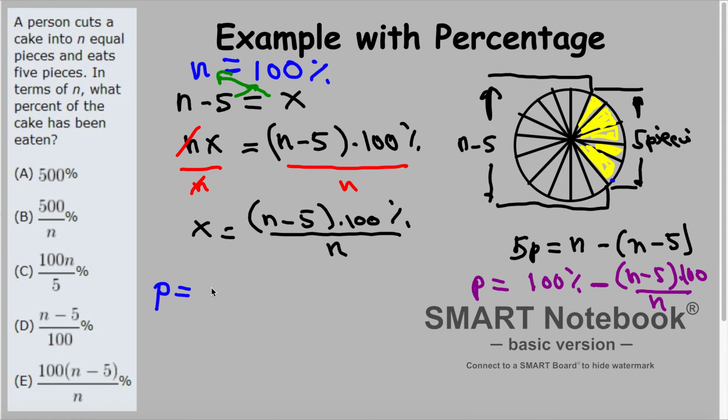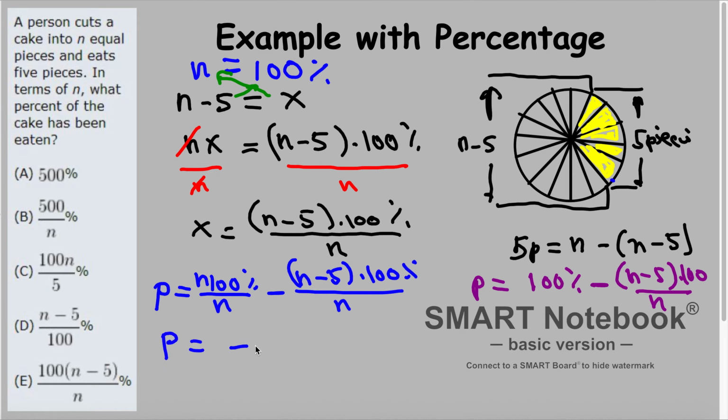To make the same denominator, I will write it this way. So p is going to be equal to 100% times n divided by n, because I want to make the same denominator. And here is (n minus 5) times 100% divided by n. And now we can write this as one fraction, because these are fractions with the same denominator.